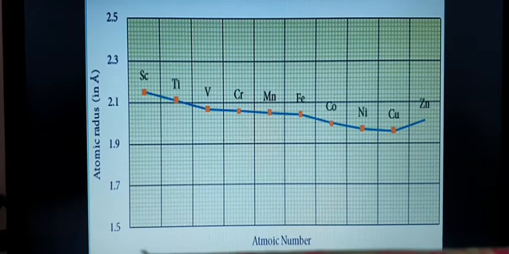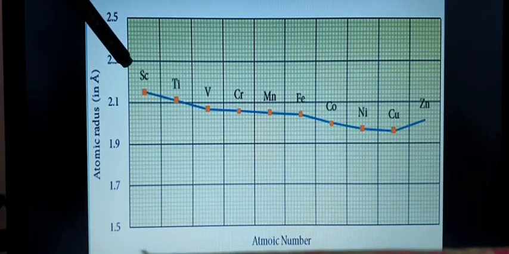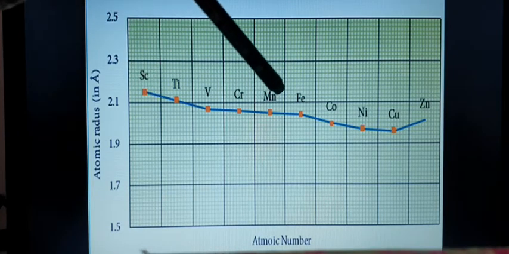Therefore, at the end of the series, atomic radius increases slightly. See the value of atomic radius starting from 2.113 and it goes on decreasing.